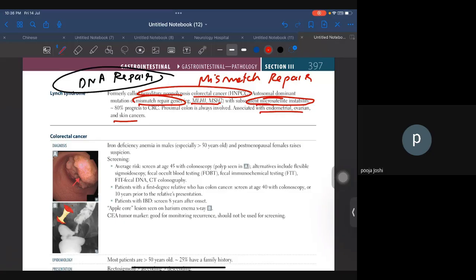A person will present with a polyp, or a relative, like the mother, will have some other cancer like endometrial cancer. Yes. So if you have colon cancer, your mother might have endometrial cancer, your sister or your daughter might have ovarian cancer, or your aunt might have something like that. So that is what Lynch syndrome is.